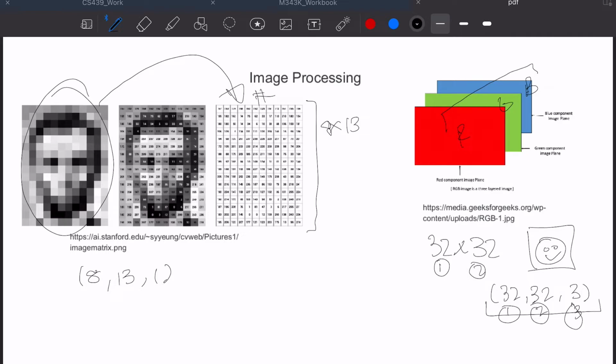The size of an image actually depends on the kind of hardware you have. If you have GPUs or TPUs, you can have really, really high size images because that hardware is able to take a lot more memory and can run with a lot more pixels. Images are fundamentally made up of pixels.